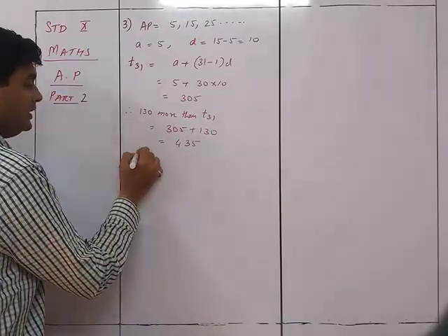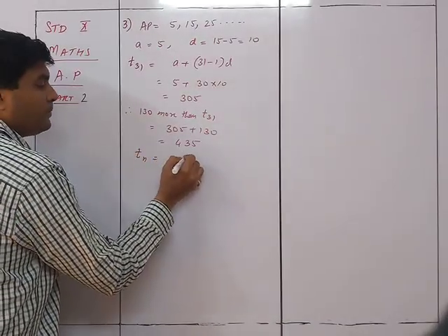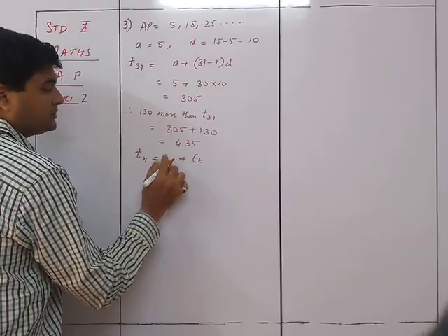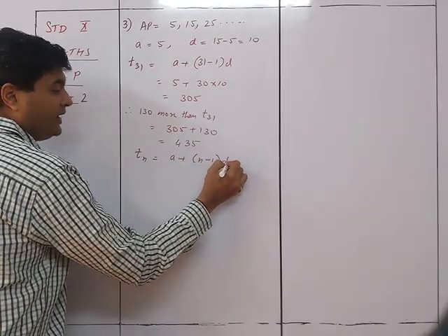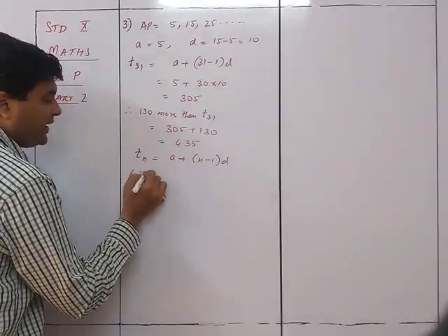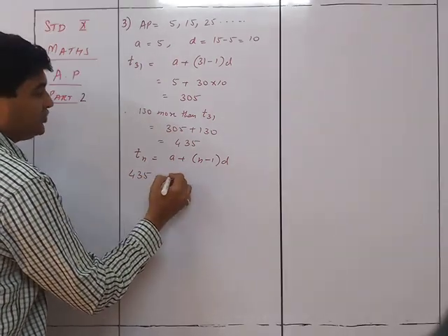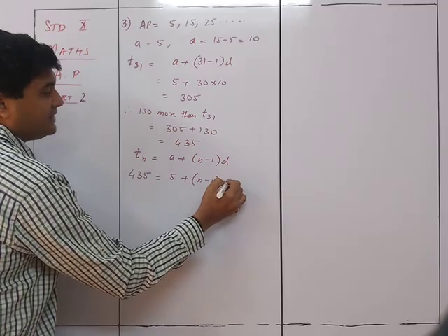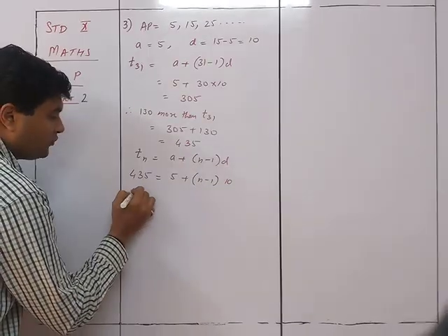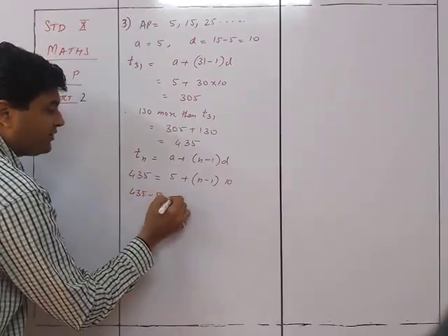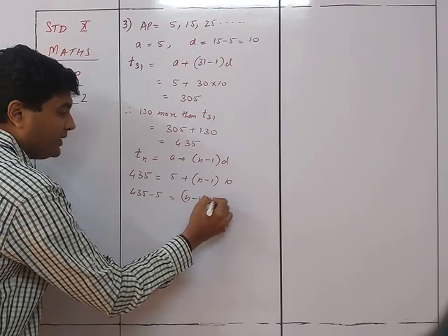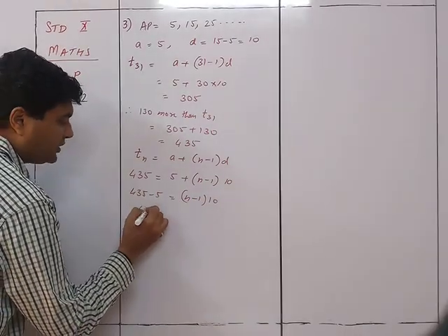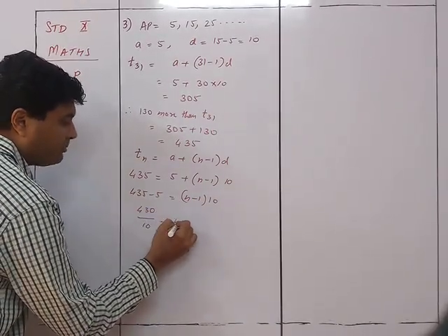So we have Tn is equal to A plus n minus 1 into D. So 435 is equal to A, which is 5, plus n minus 1 into D, which is 10. So 435 minus 5 is equal to n minus 1 into 10. And this is 430 upon 10 is equal to n minus 1.